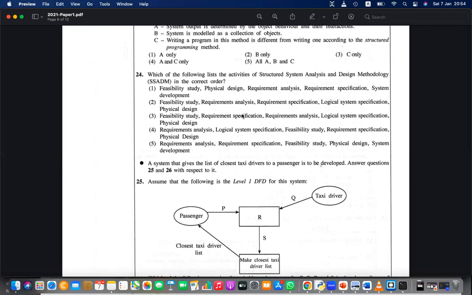Then feasibility study is the practicality analysis. You can say it comes after the system requirement analysis, then the feasibility study. That is why I have a doubt: requirement analysis, feasibility study, or feasibility study, requirement analysis.